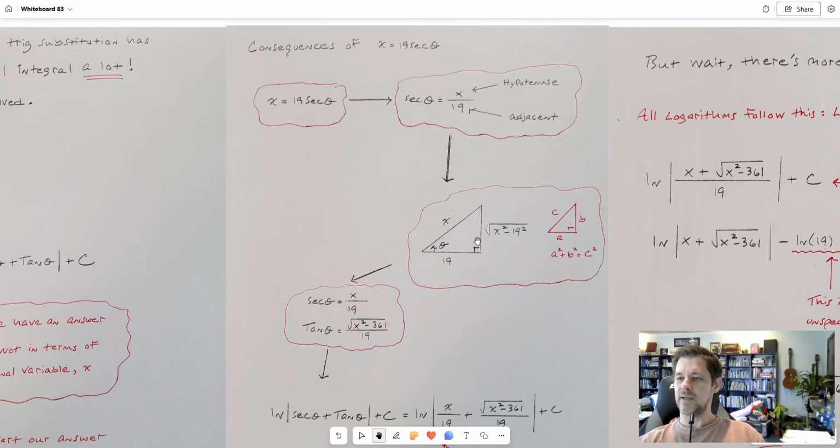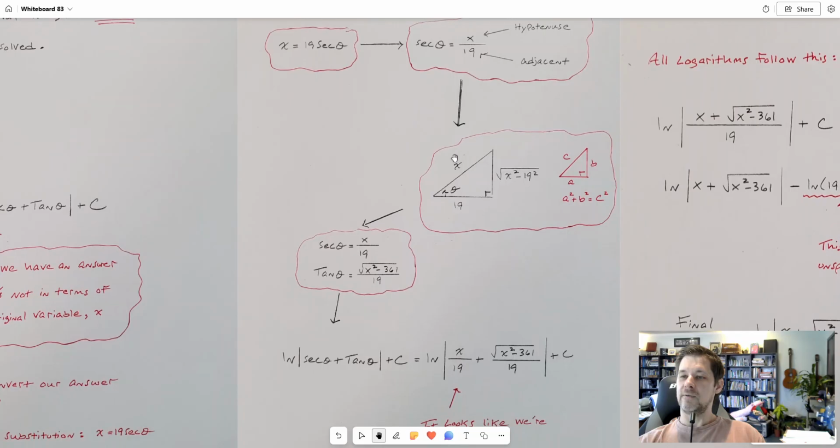What about this side over here? Yeah, that's not involved in what I have so far, but this is a right triangle. We're doing right triangle trigonometry. Right triangles follow the Pythagorean theorem. This side squared plus this side squared is that one squared, so I could solve for this one.